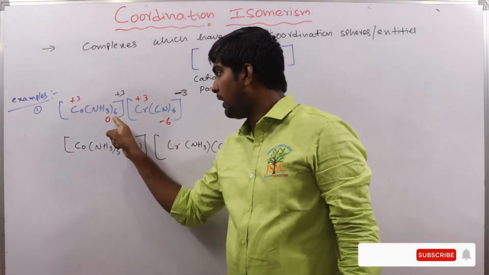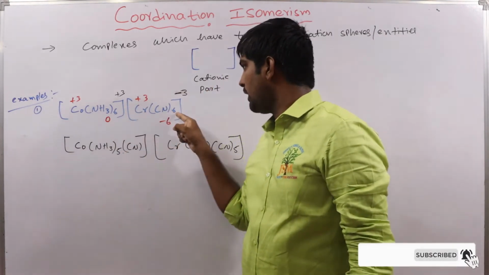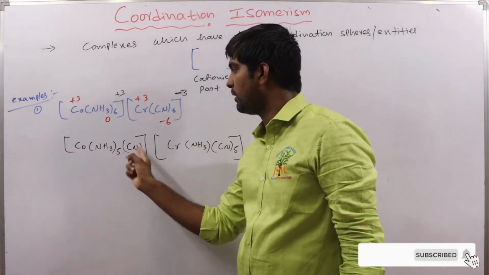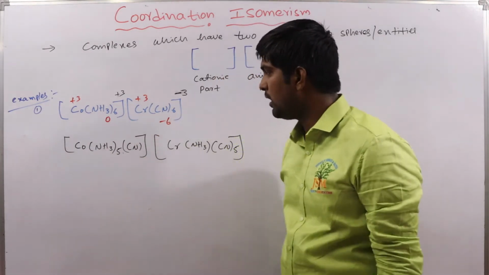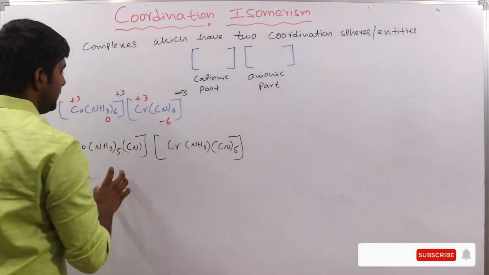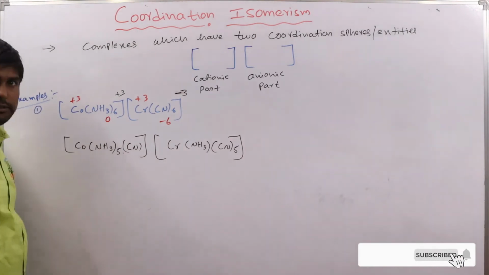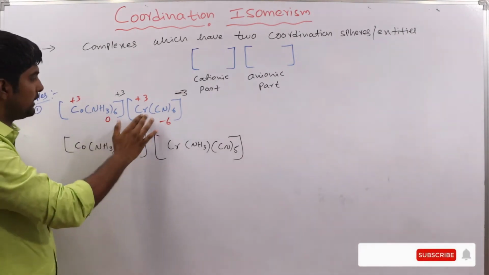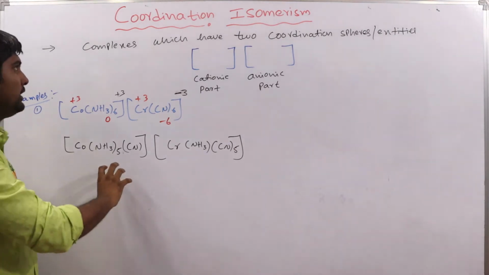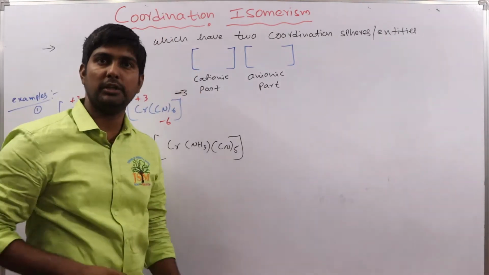One ammine ligand is coming here attached to the chromium and one cyanido ligand is coming here and attached to the cobalt metal. So simply the interchange or exchange of ligands takes place between these two coordination spheres. In this way this coordination isomerism arises.